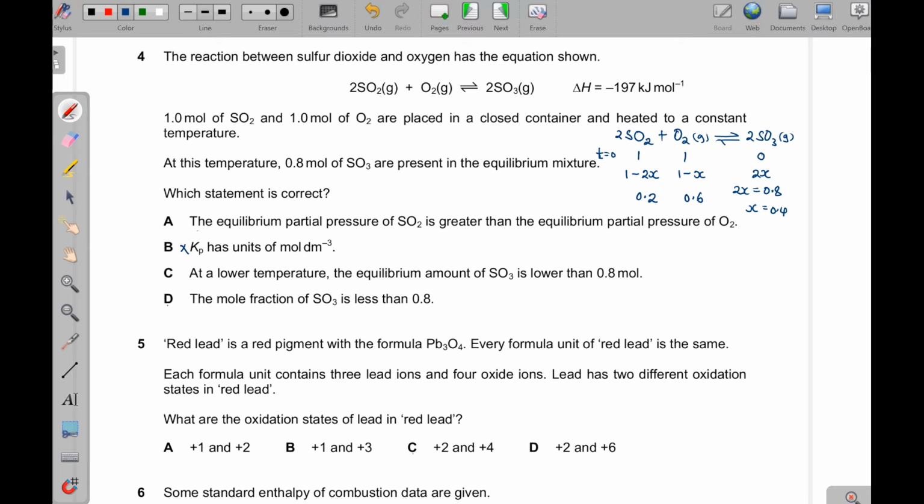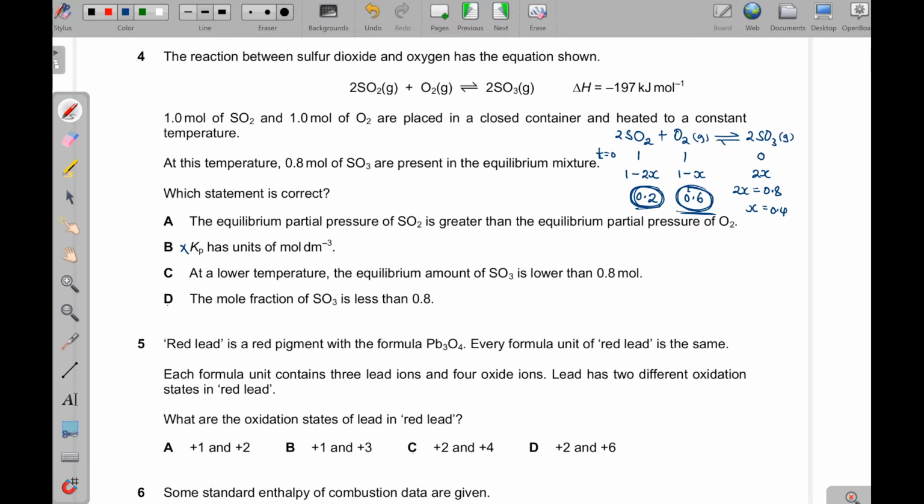Now, they said that the equilibrium partial pressure of this one is greater than this one for oxygen. The fact that the moles of sulfur dioxide here are less than the moles of oxygen, there is no way sulfur dioxide here is going to have a partial pressure greater than that of oxygen.